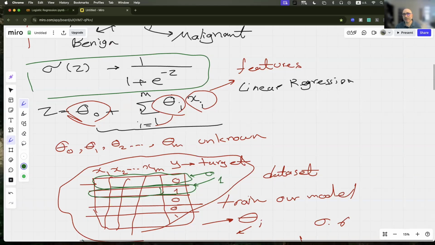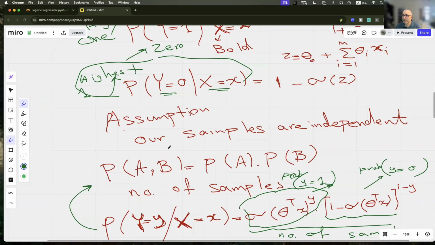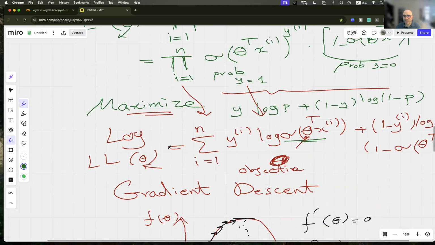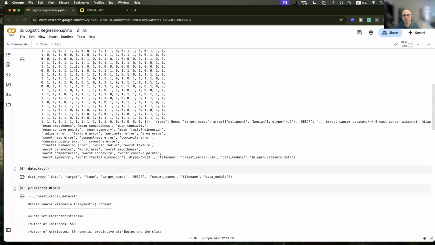So that's how theta is actually calculated. This is the math behind the sigmoid function that can be used for logistic regression for binary classification. Now, let's look into that example in Python.